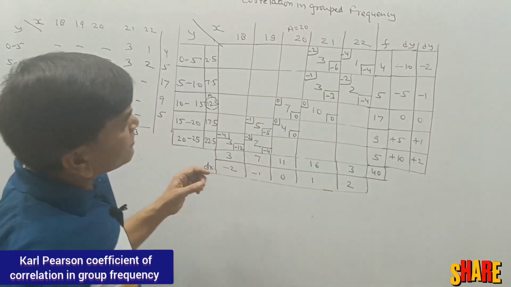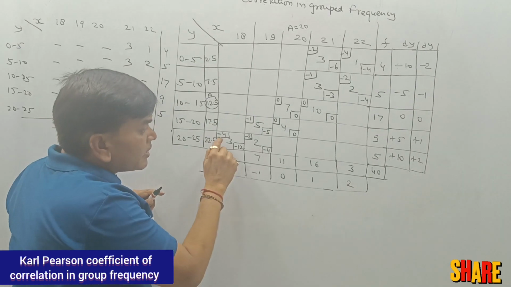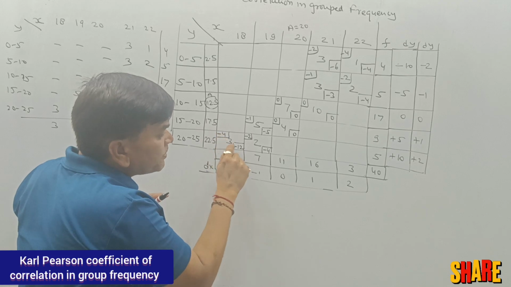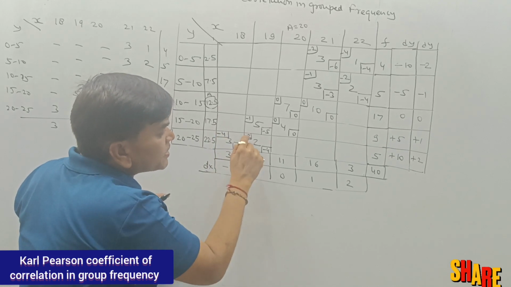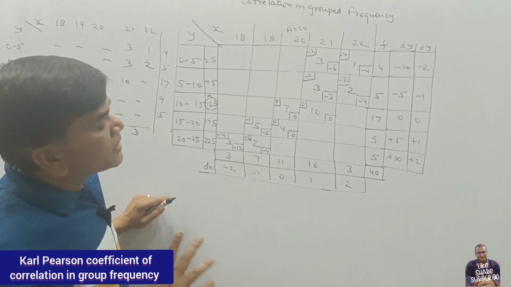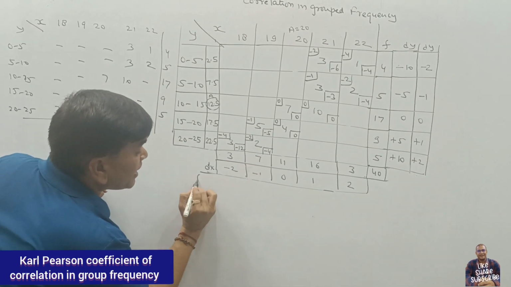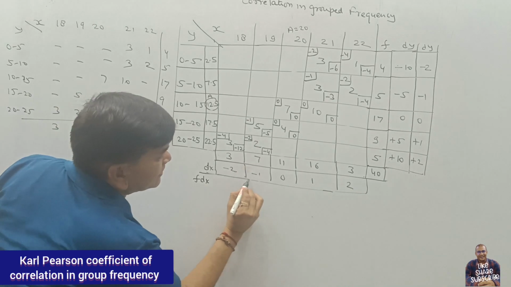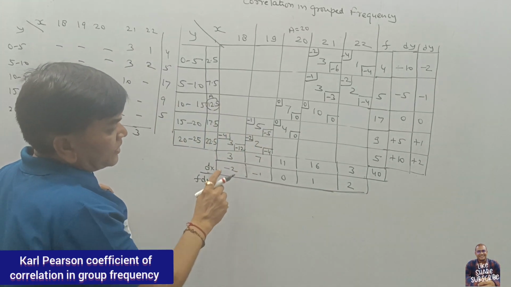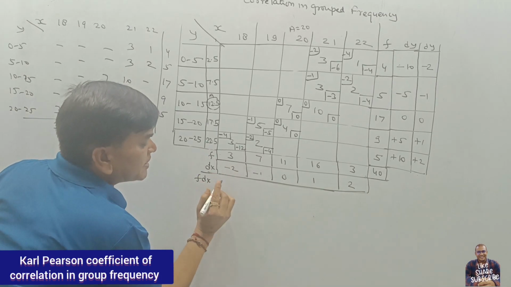So the very first, what we have done, this is the multiplication of dx dy and f dx dy. This is the multiplication of dx dy multiplied by f, that is f dx dy. Next, we want f dx. So this is the value of f and this is dx.